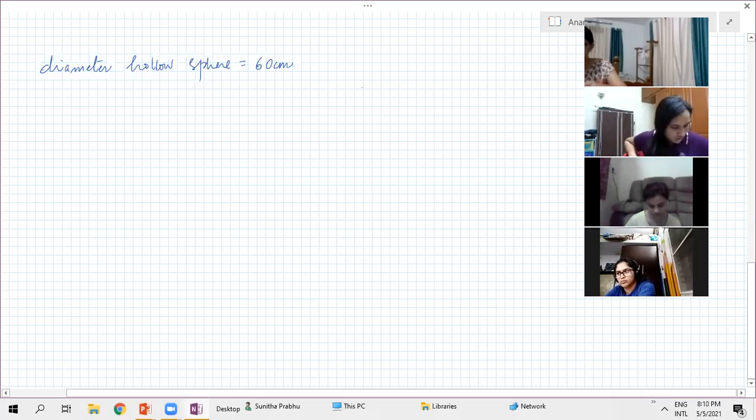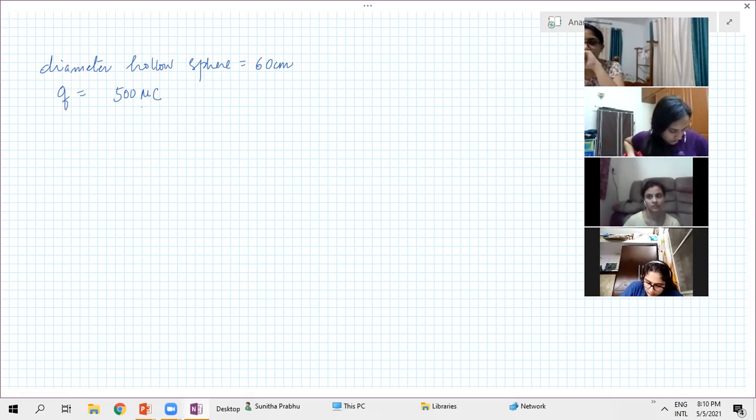The diameter is 60 centimeters, and the sphere carries a charge of 500 microcoulomb. Okay, so we have to do two things.